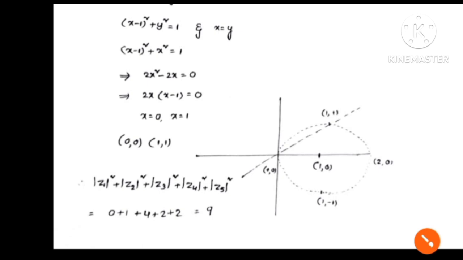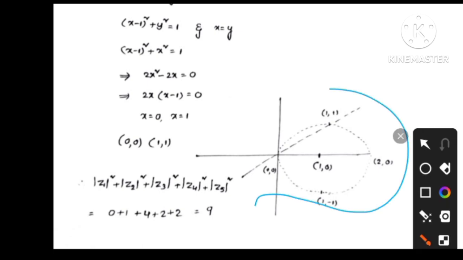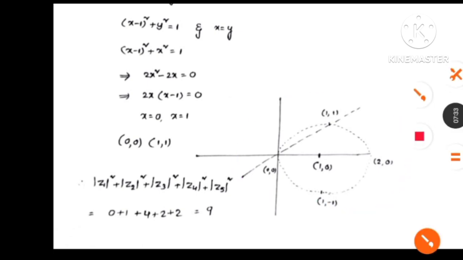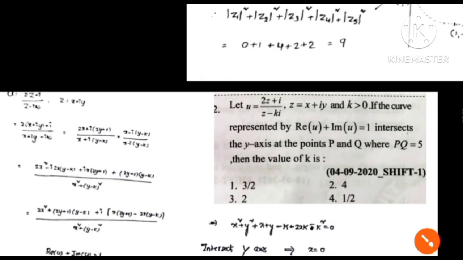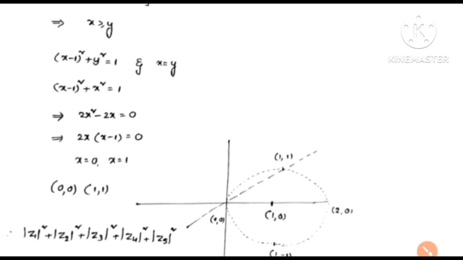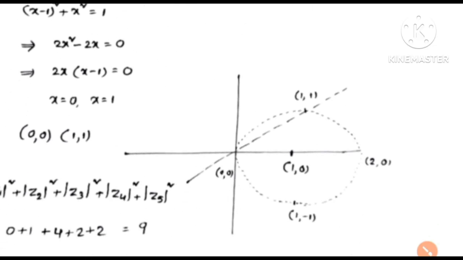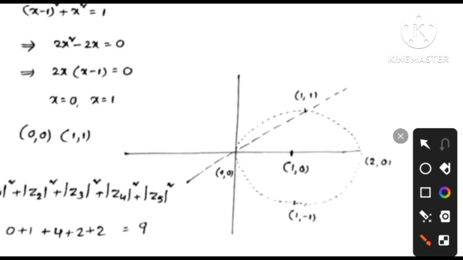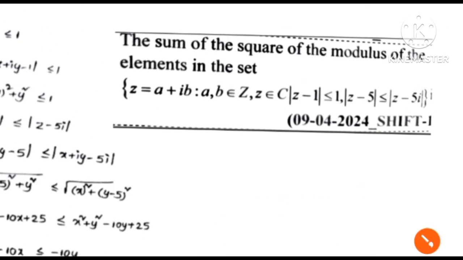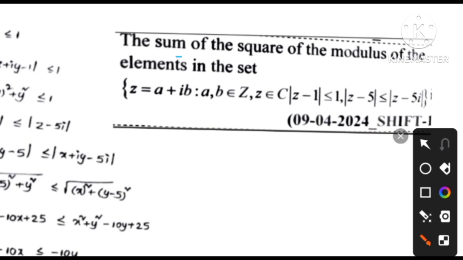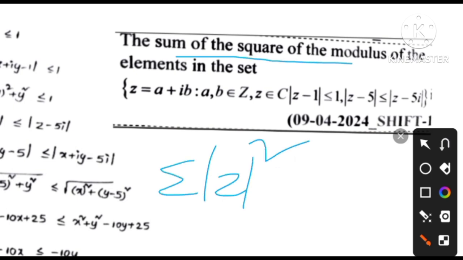So first I am finding all the values which satisfy the given conditions. These are the 5 points. Now, what is the given question? See the question: the sum of the squares of the modulus, sigma mod z square, we have to find this value.